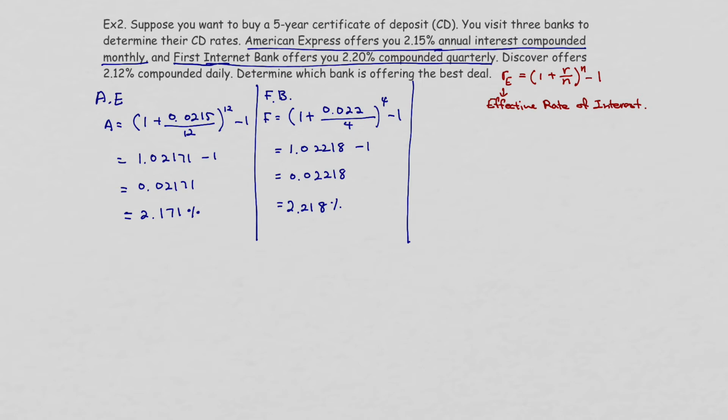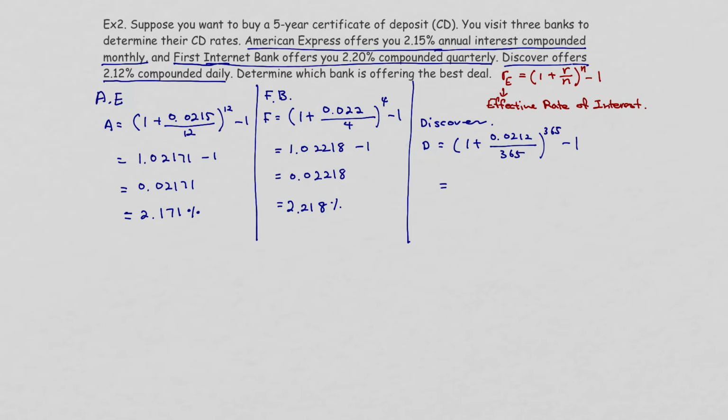Let's see, what about if you do one for Discover? For Discover, you will have 1 plus the rate, which is 2.12% compounded daily, right? So it'll be 0.0212 divided by 365 days, minus 1.